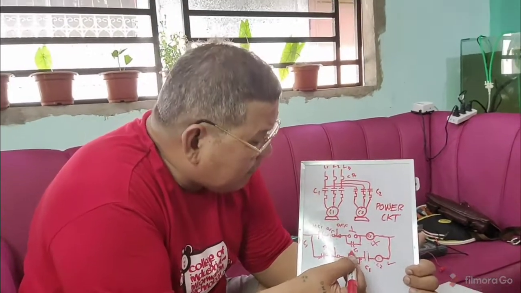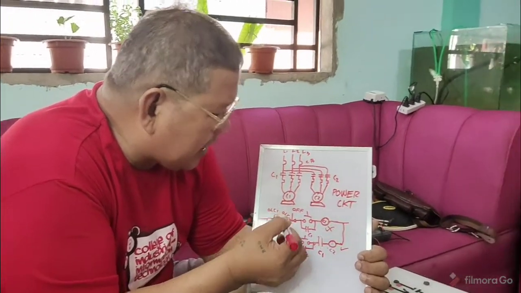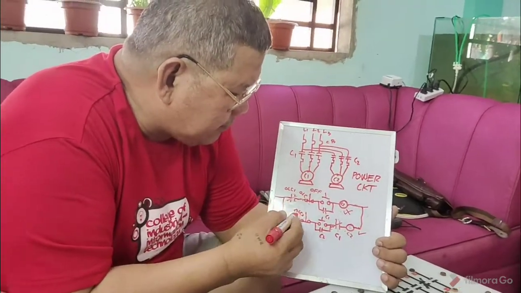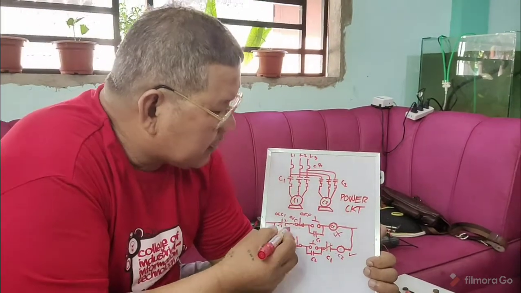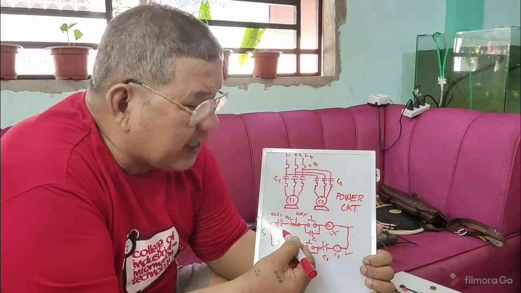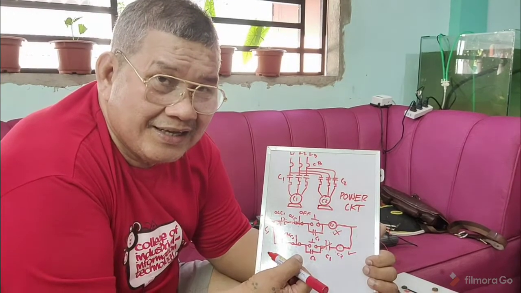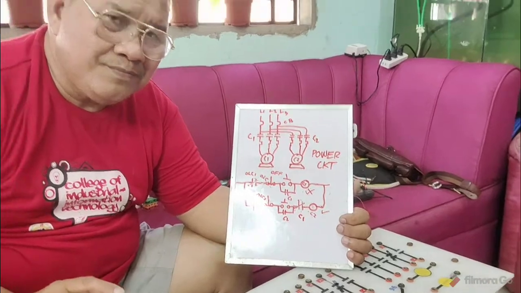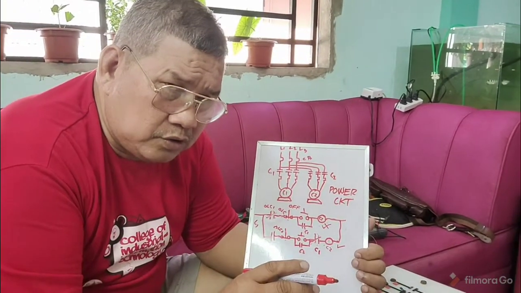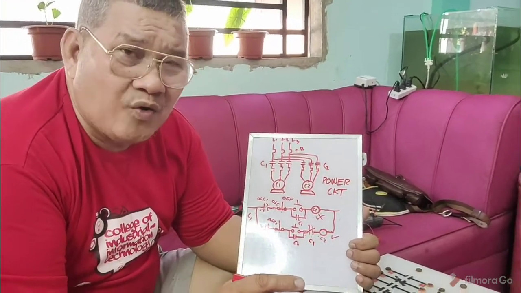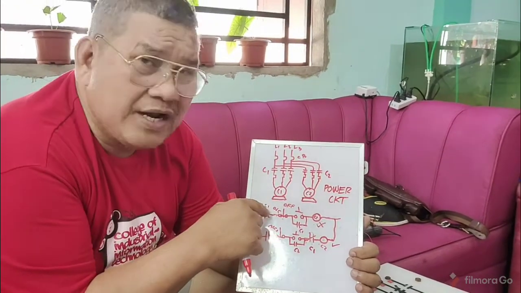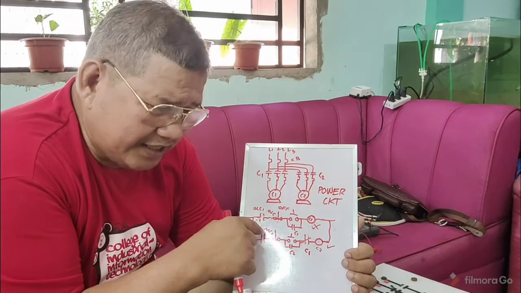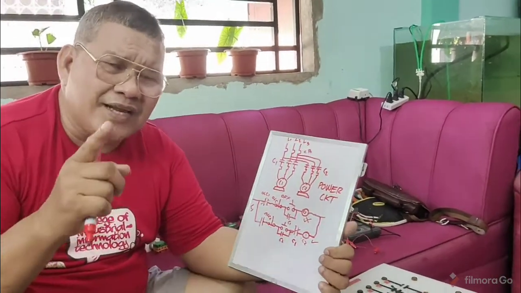So if there is an overload here, this will open, but motor number 1 is still running. I hope you get it. What is the condition? Conveyor number 2 will only run when conveyor number 1 is running.